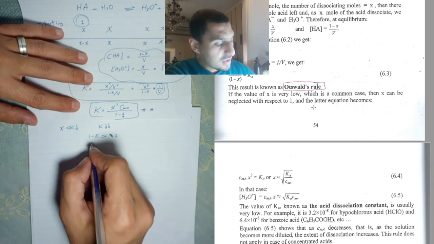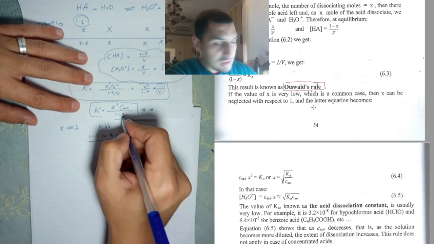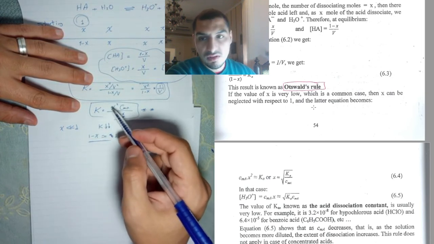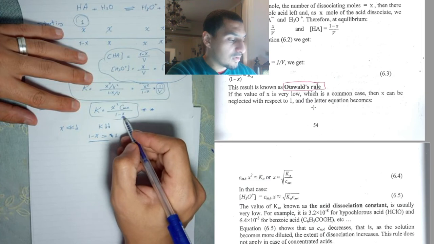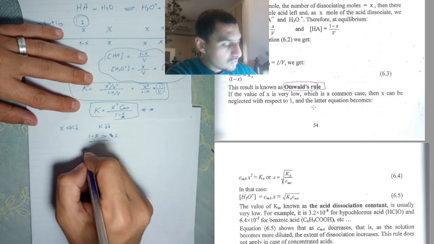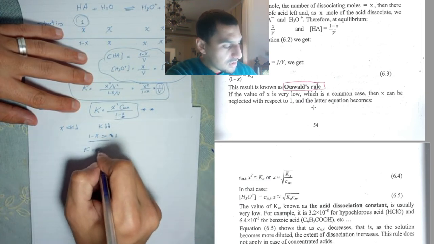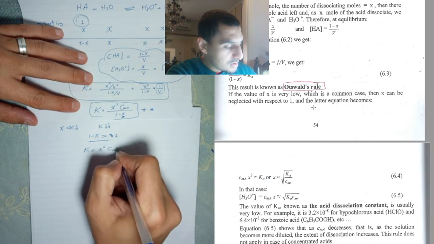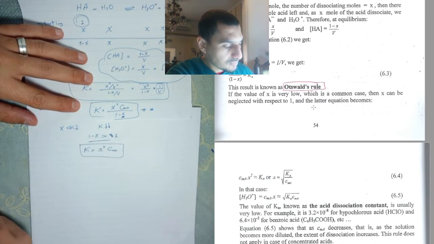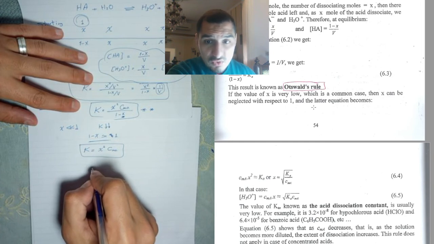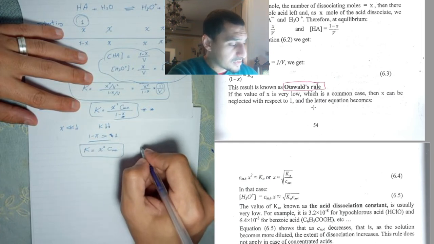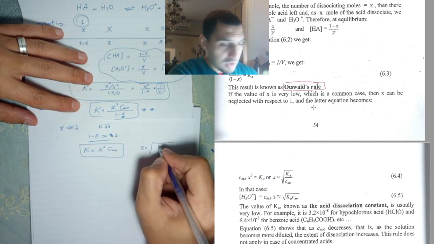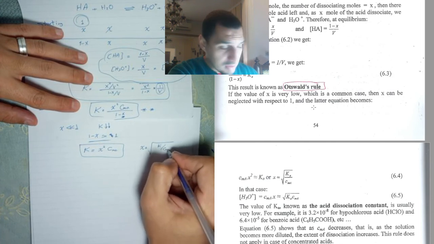In this case, I can ignore this X in the denominator, but of course I cannot ignore the 1 in the numerator, because I'm ignoring X compared to the 1. So in this case, K takes a simpler shape, which is X squared CMA. And from this you can know the percent dissociation, which is X equals the square root of K divided by CMA.